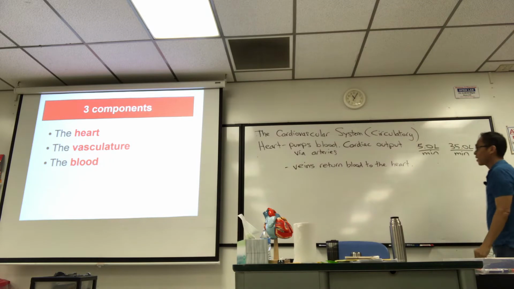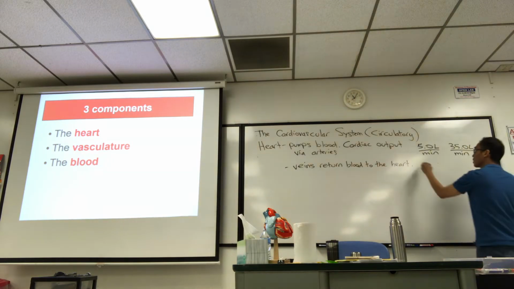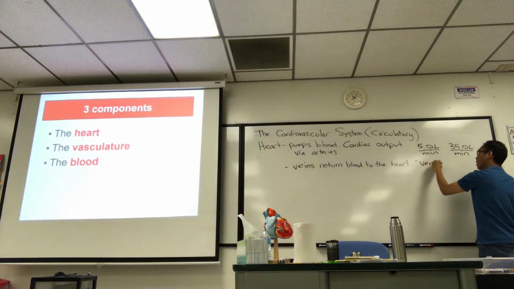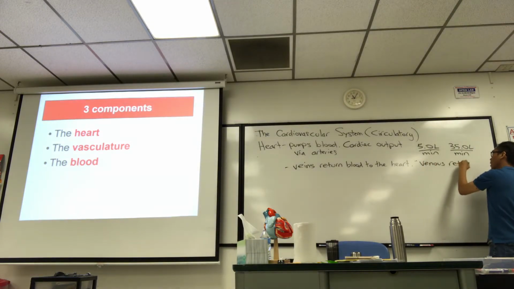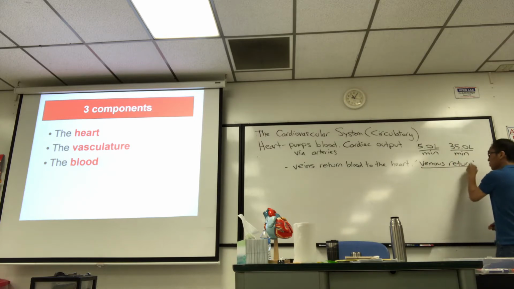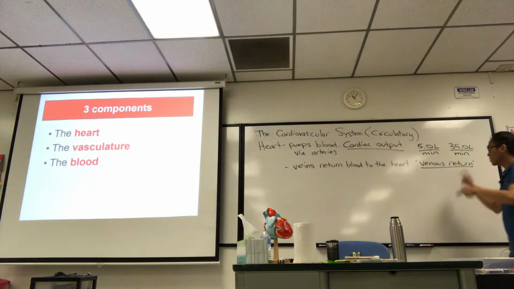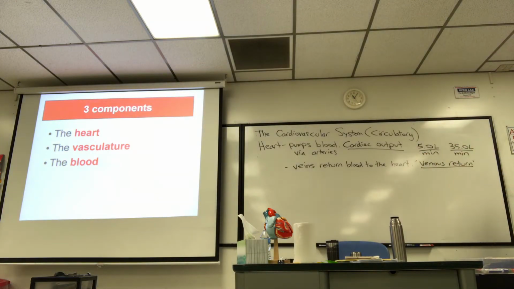And instead of calling that cardiac output, we would call it venous return. Become very familiar with those physiology terms. Venous return to the heart, cardiac output. The heart receives blood, the heart pumps blood, and the heart pumps blood at a certain rate.